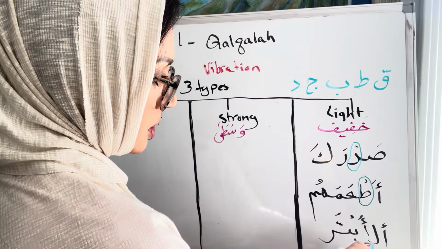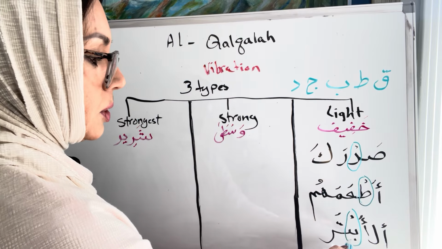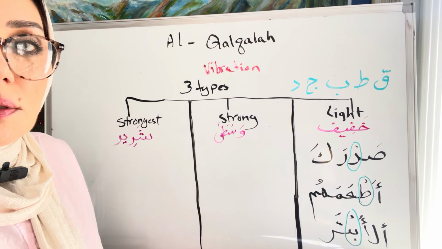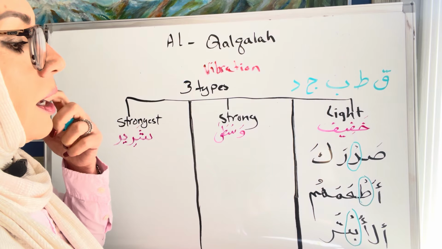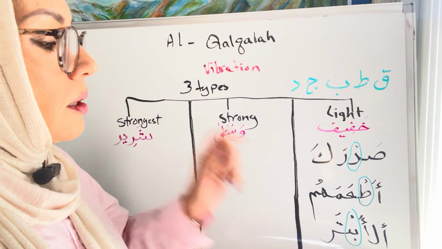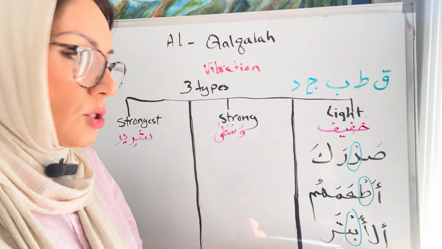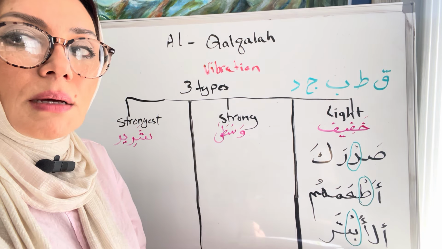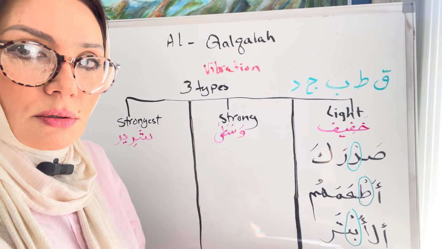So we have the word al-abtar. We have the letter ba, and ba is a huruf of qalqala. Again, this is in the middle of the word, so we're going to pronounce it with a light, khafif pronunciation: al-ab, al-abtar, right?